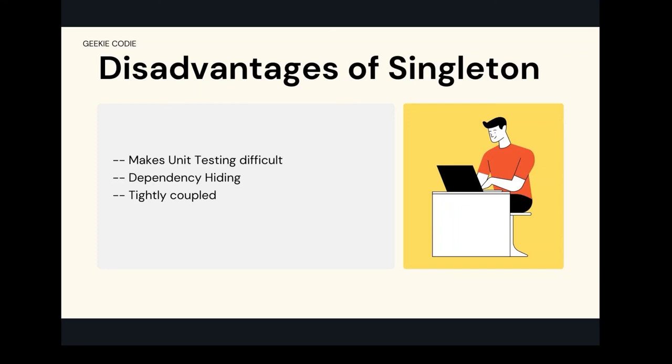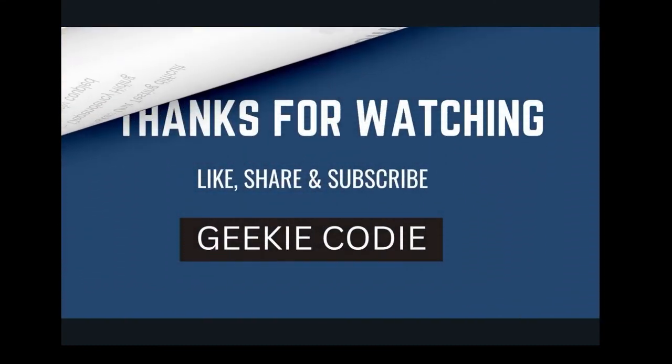Apart from that, it violates dependency injection and inversion of control, because we are creating the object inside the class, so it hides the dependencies. Also, it provides tightly coupled code, so we should always avoid using the singleton design pattern whenever possible in the application.